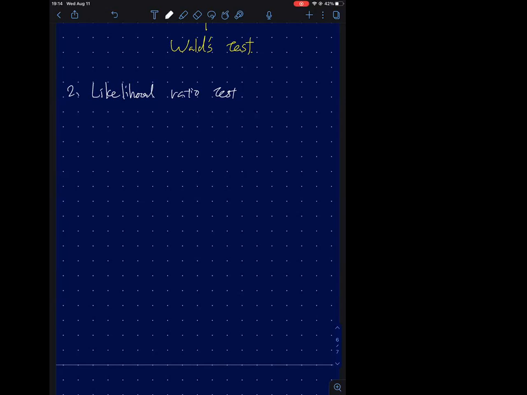Esto lo vimos en algún lado. El constraint y el no constraint y todo eso.